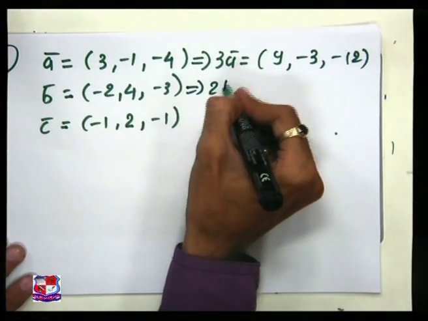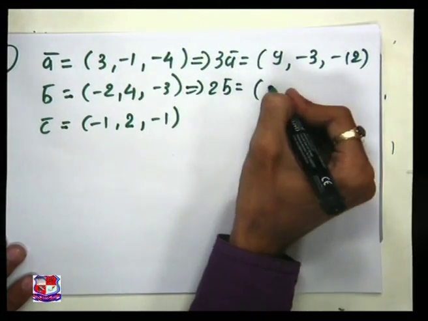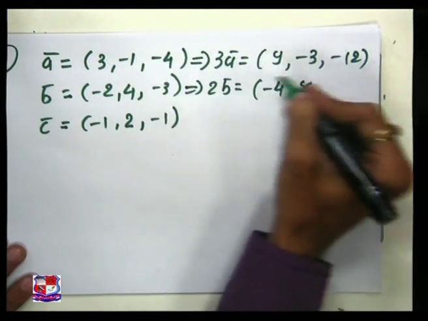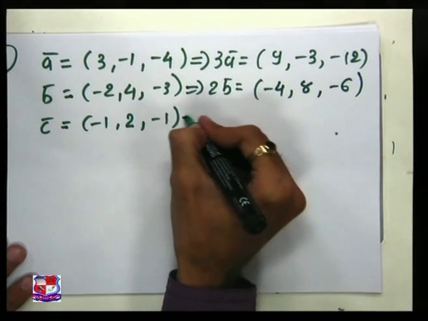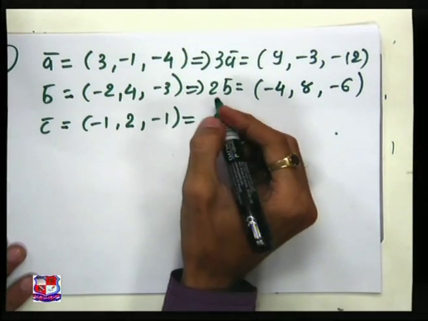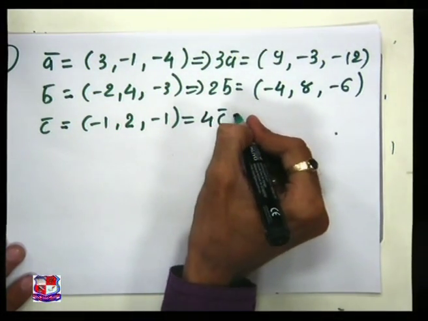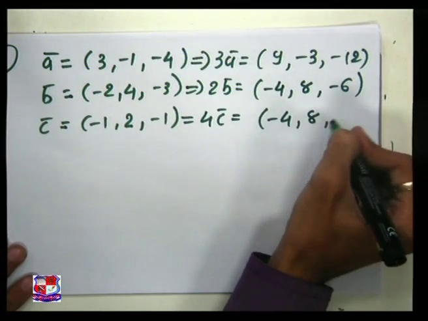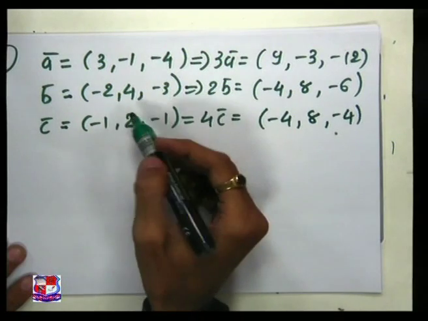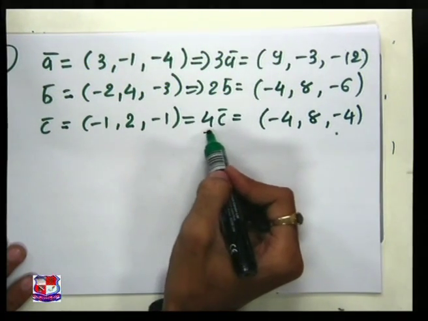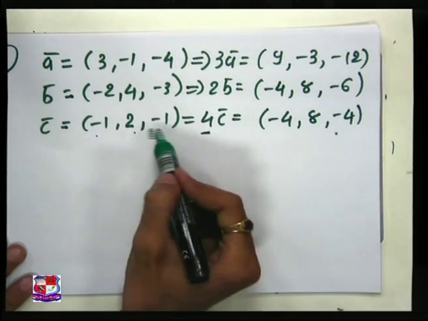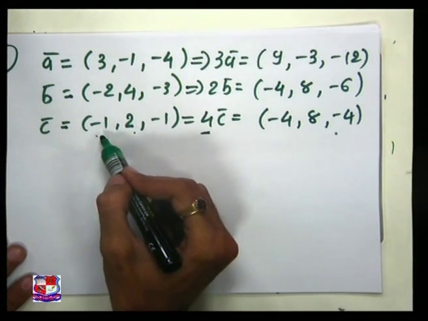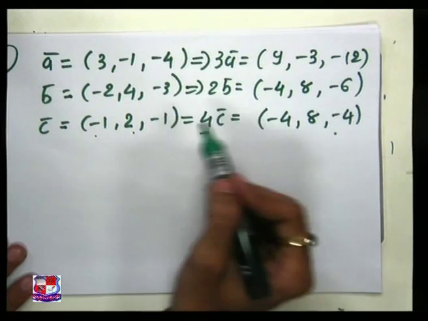So here 2b is equal to -4, 4 into 2, that is 8, -3 into 2, that is -6. And we need 4c here. So this is 4c, that is equal to -4, 8, -4. I have just multiplied the scalar 4 with all the coordinates of vector c. So 4 into -1 is -4, 4 into 2 is 8.